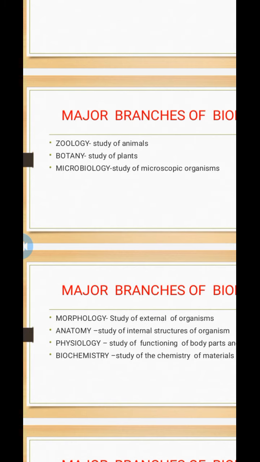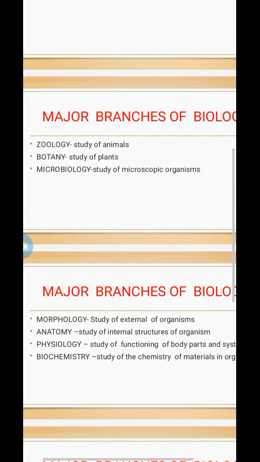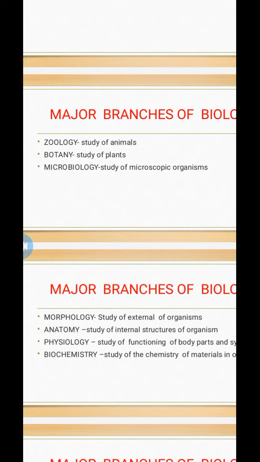Examples are bacteria, you can't see a bacteria. You also can't see viruses. So you need a microscope to be able to see certain organisms. I'll give an example of malaria. Malaria has parasites like falciparum. Those parasites, you cannot see them with your naked eyes. They are supposed to be viewed under a microscope.